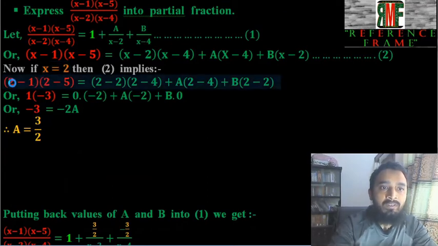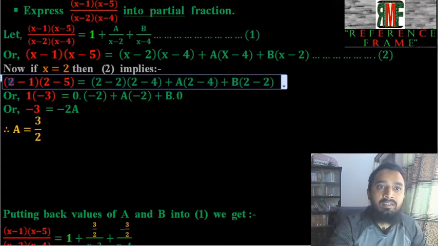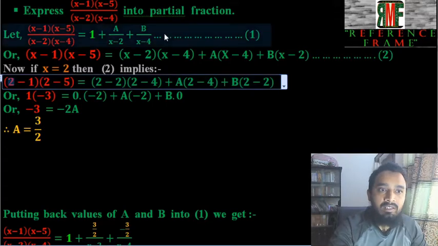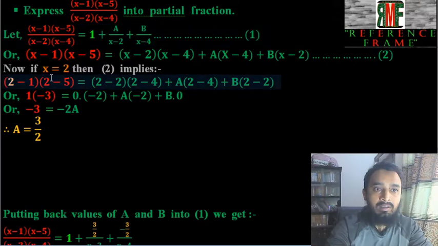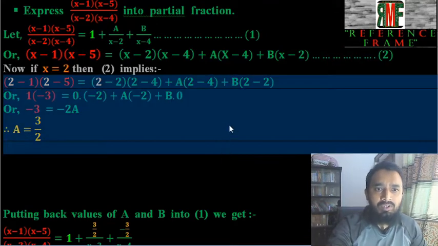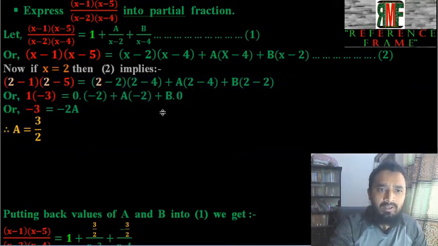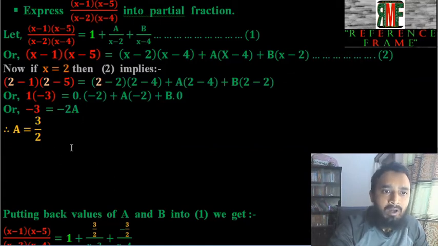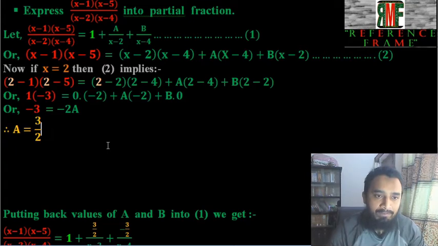The brick color here is basically the value of x that I put down. So by solving this part, we got the value a equals 3 by 2. Okay, fine.